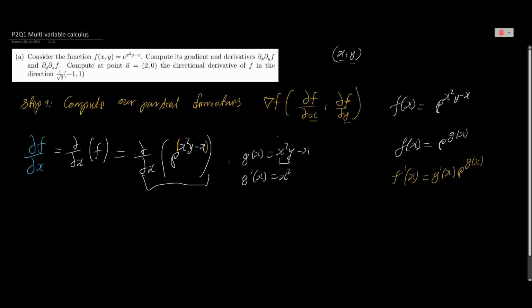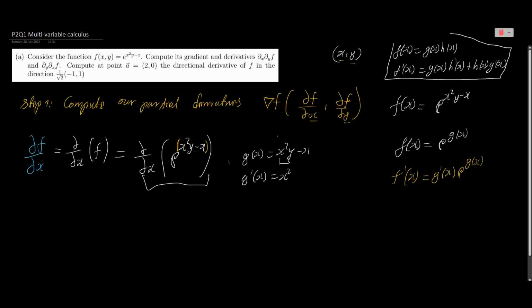Again, the product rule states if you have our function f of x equals uv, where u and v are two functions, I can represent them as g of x and h of x, then f prime of x will simply be g of x h prime of x plus h of x g prime of x, where f prime, h prime, and g prime are the first derivatives of our functions.